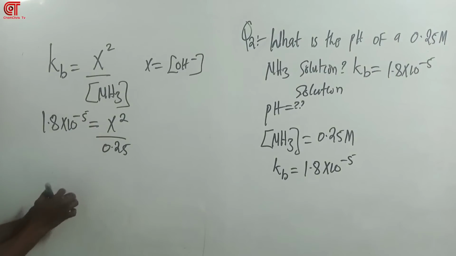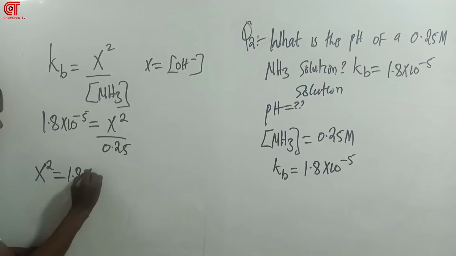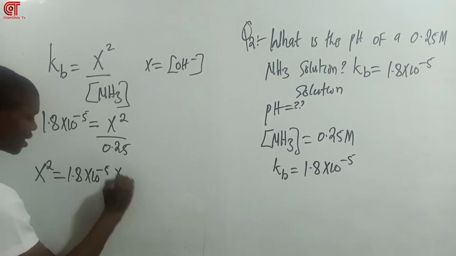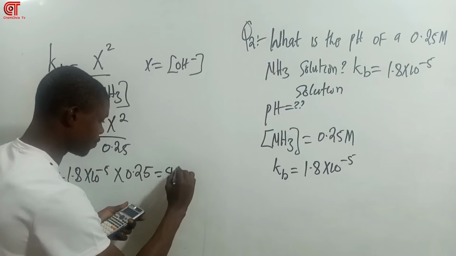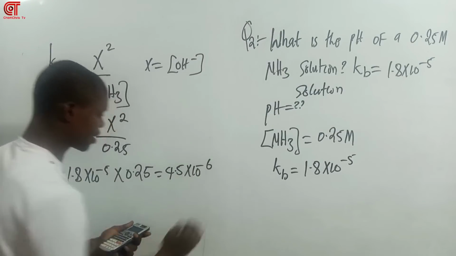So when you cross multiply, X squared equals 1.8 exponential minus 5 times 0.25, which is 4.5 exponential minus 6.